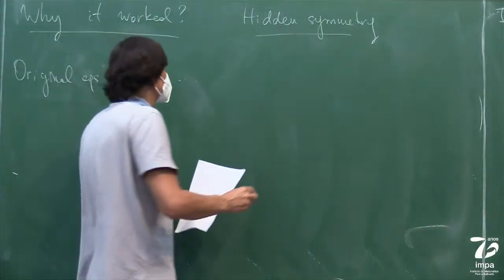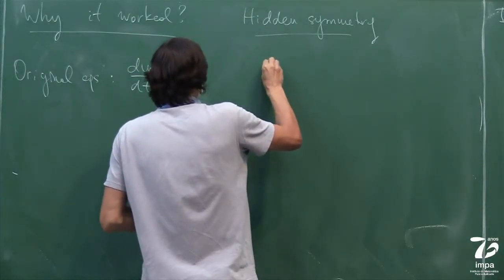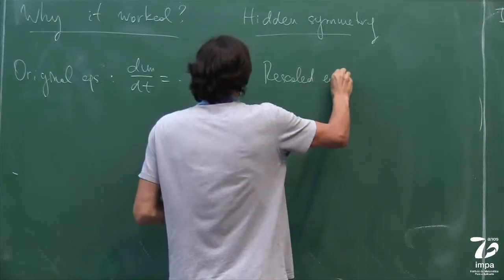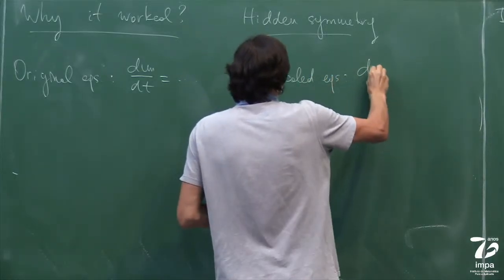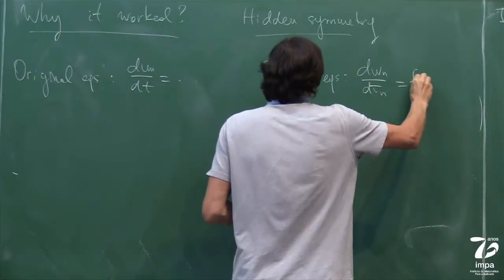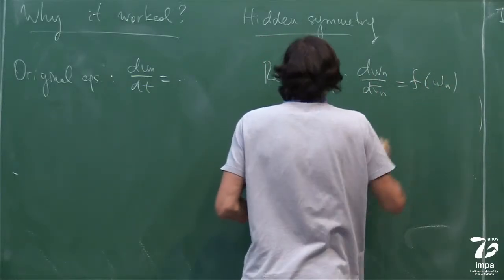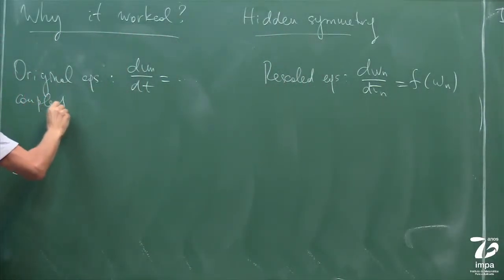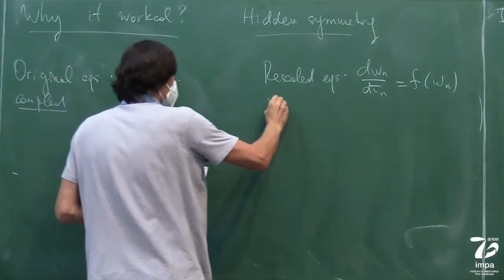And then we had an uncoupled system of rescaled equations for multipliers. So this was coupled. This became uncoupled.